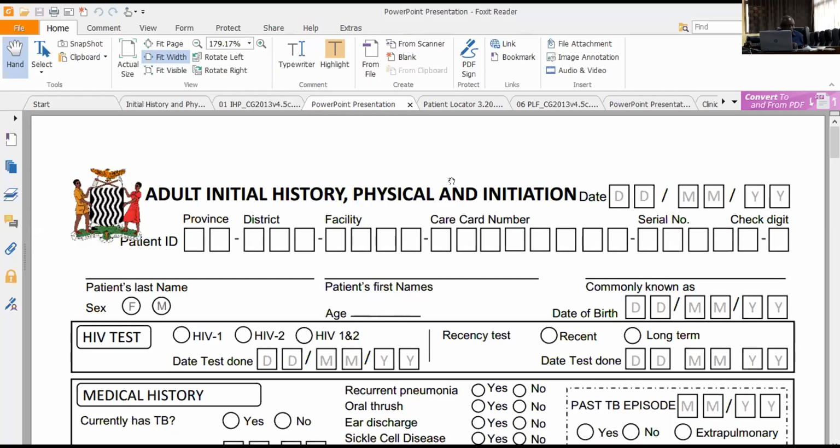Thank you very much, Doc. So the preventive therapy: you made a good suggestion that there are times when it's not given because of stockouts or maybe other reasons, and you have suggested that we put a text box to give a reason why it was not given. As we're aware, these forms are done by a team of experts from MOH.